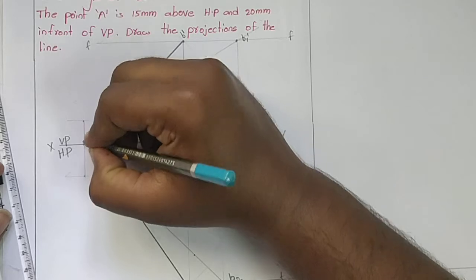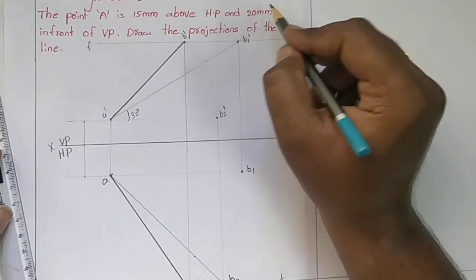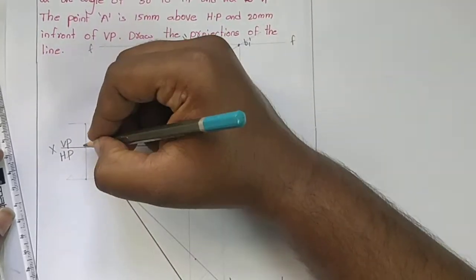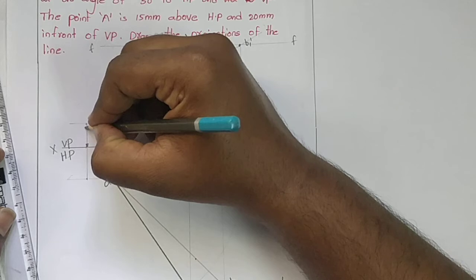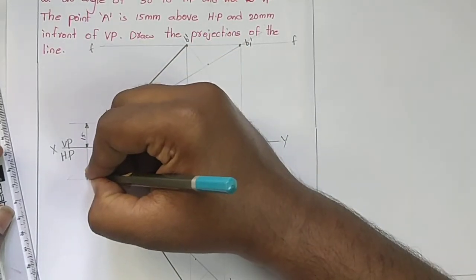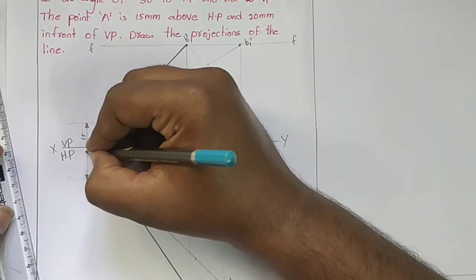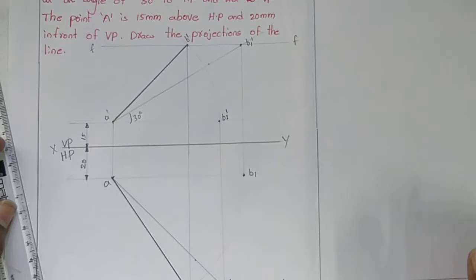This distance is 15 and 20. It is 15 mm above HP and this one is 20 mm in front of VP.